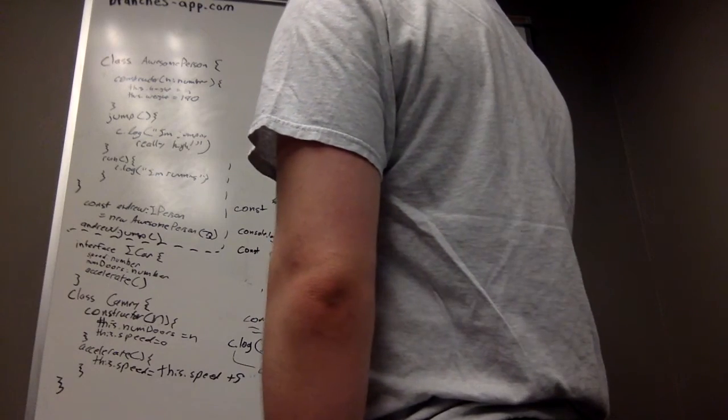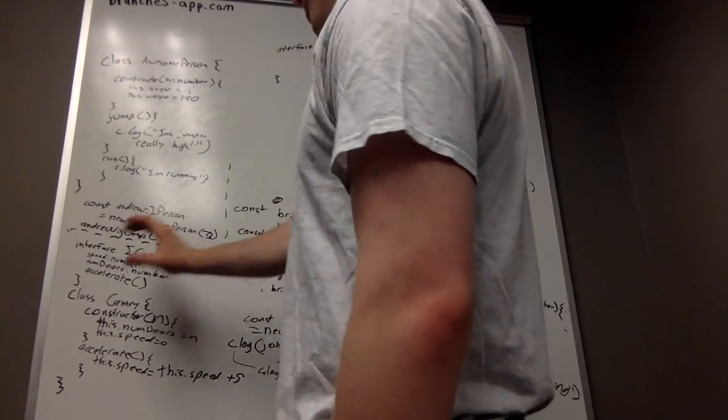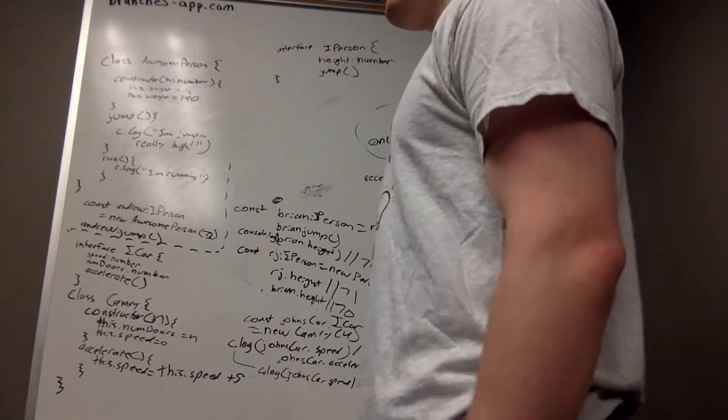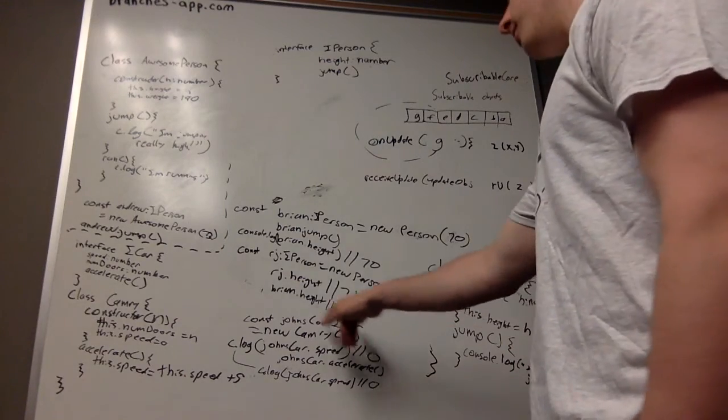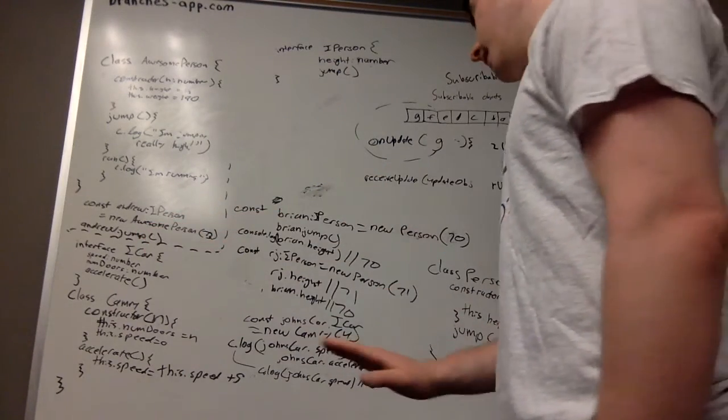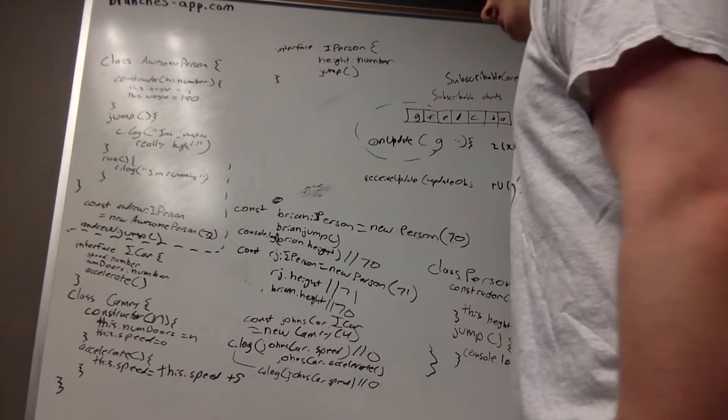You add this, and now it conforms to the interface. Meaning if this class did not have two properties and one method, TypeScript would throw an error. Because you want John's car to follow these properties. Very cool.